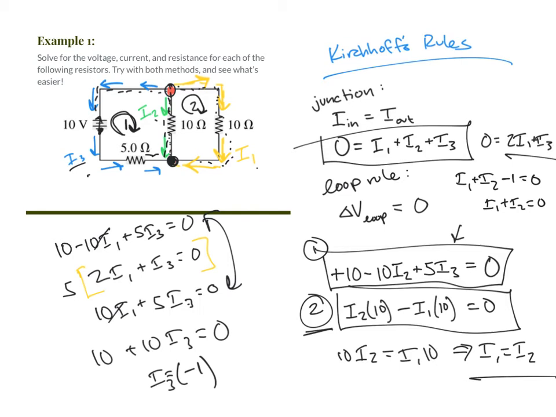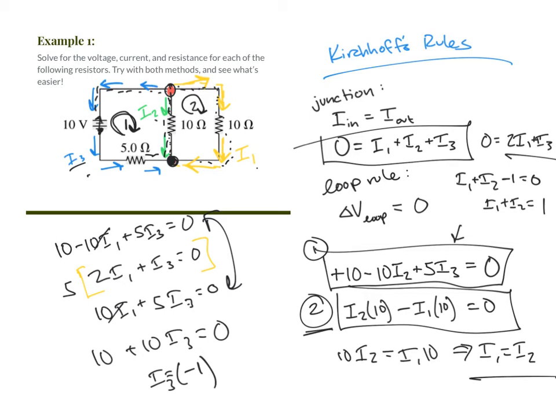Sorry, I went too fast there. So now that you know all of the currents, I1, I2, and I3, you can calculate voltage across each resistor and power with I times V. And you can go back and check and see that this should be and is consistent with the previous method.